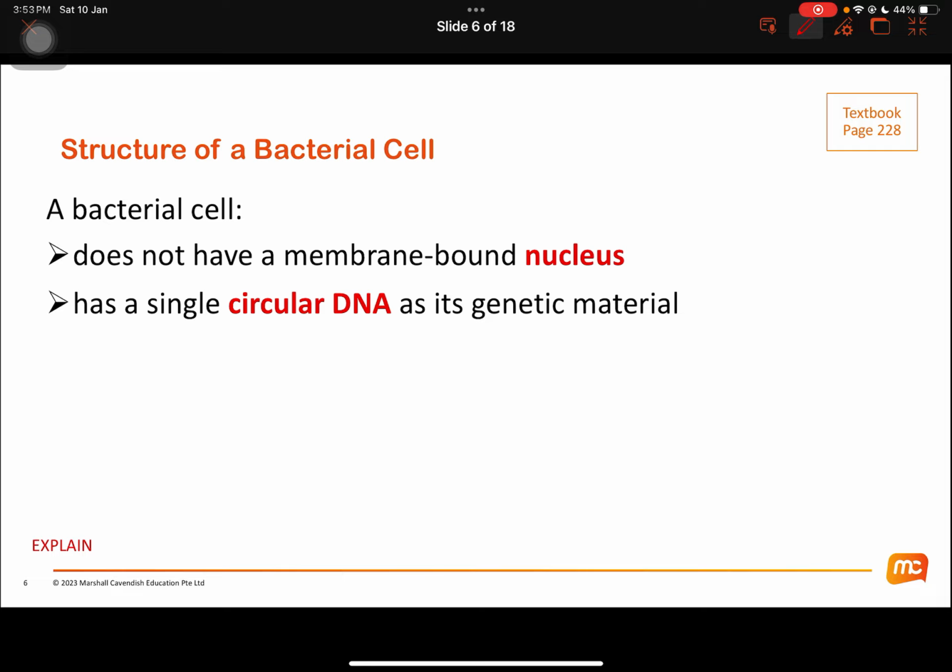In the video, it was also known as chromosomal DNA that holds most of the genetic information of the bacterial cell.